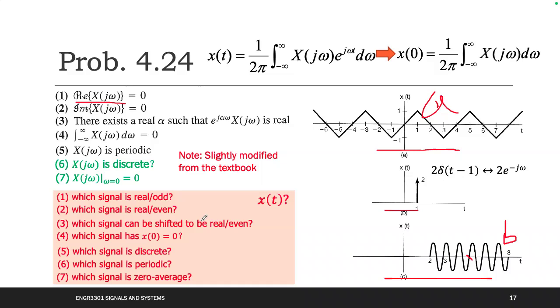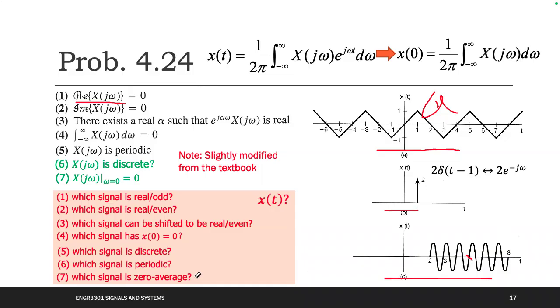How about C? Well, there's only the right side. But zero average means the value. What's the value for this point? It will be this one. What's the value for this point? It will be this one.